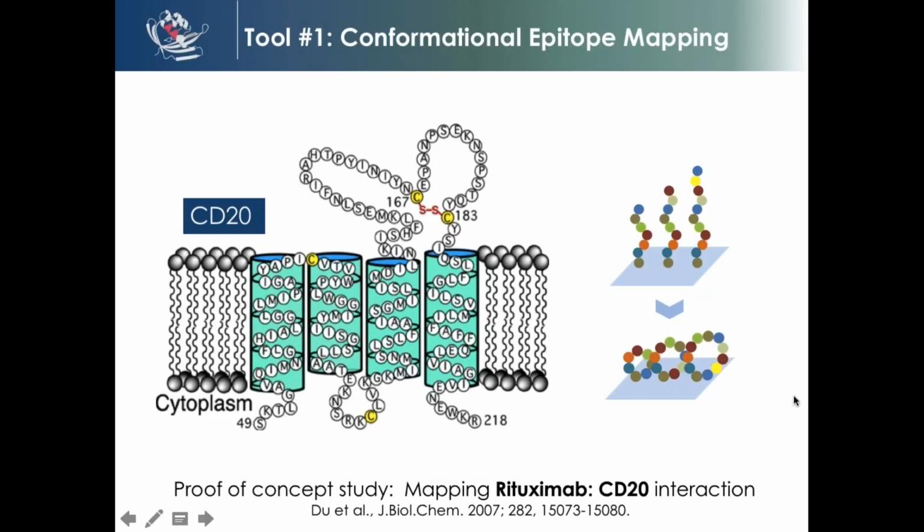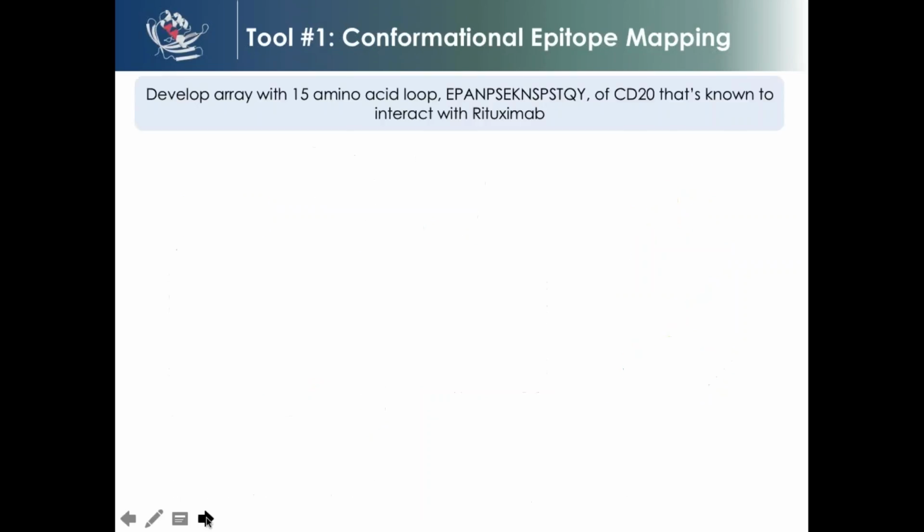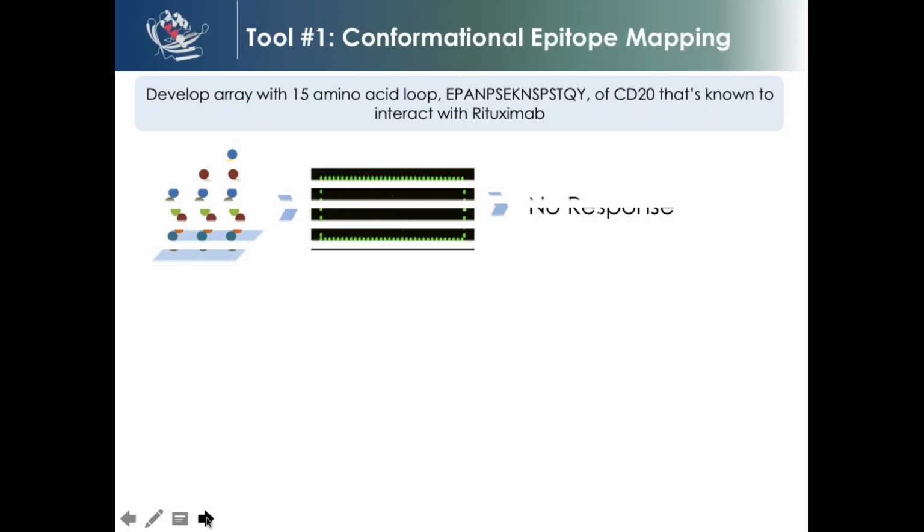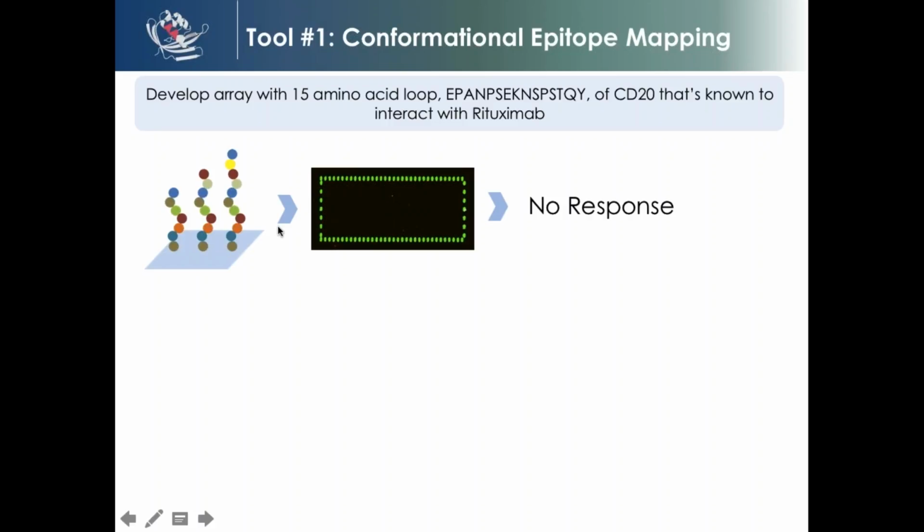So we wanted to employ this conformational epitope mapping to get a more in-depth view and determine what the actual epitope was. We developed an array with the 15 amino acid loop of CD20 that rituximab is known to bind, and we did the maximum peptide overlap, and then we challenged the array with rituximab. As you can see here, with the linear, which was kind of a control, we did not find any response.